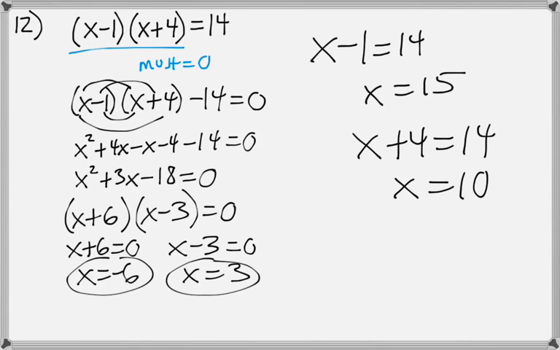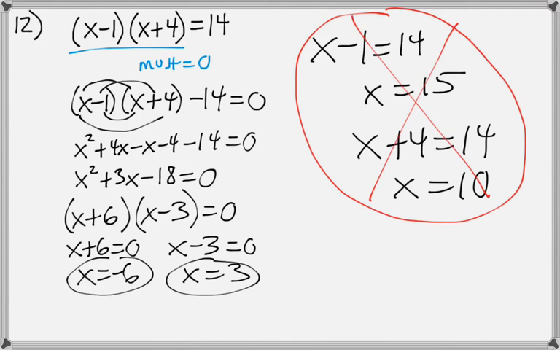We cannot do this because, again, we can't use that zero product property. So it has to be equal to 0 for you to set each branch equal to 0. So again, on ones like these where it's already been factored, it's actually more work because you need to FOIL it out, bring that 14 over, combine it with that polynomial, and then refactor it.